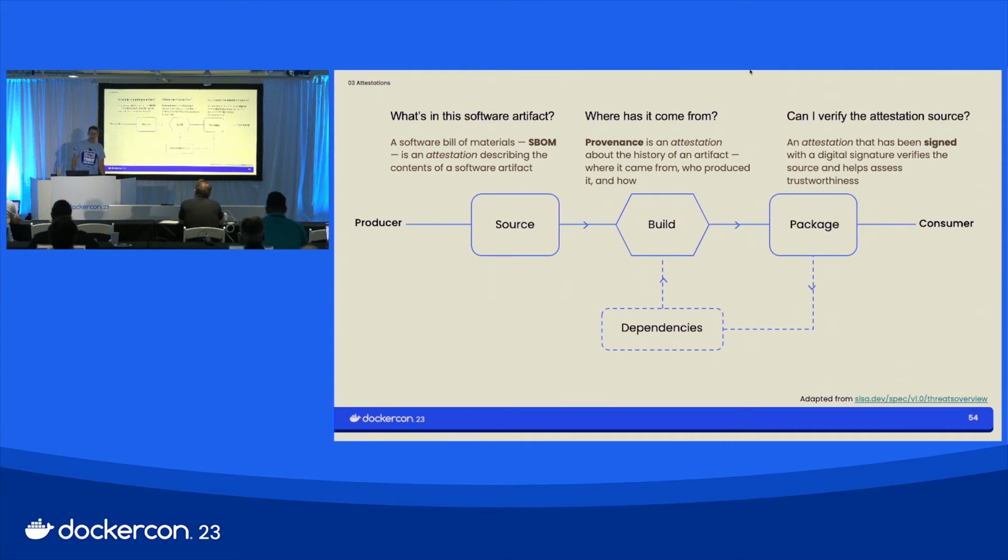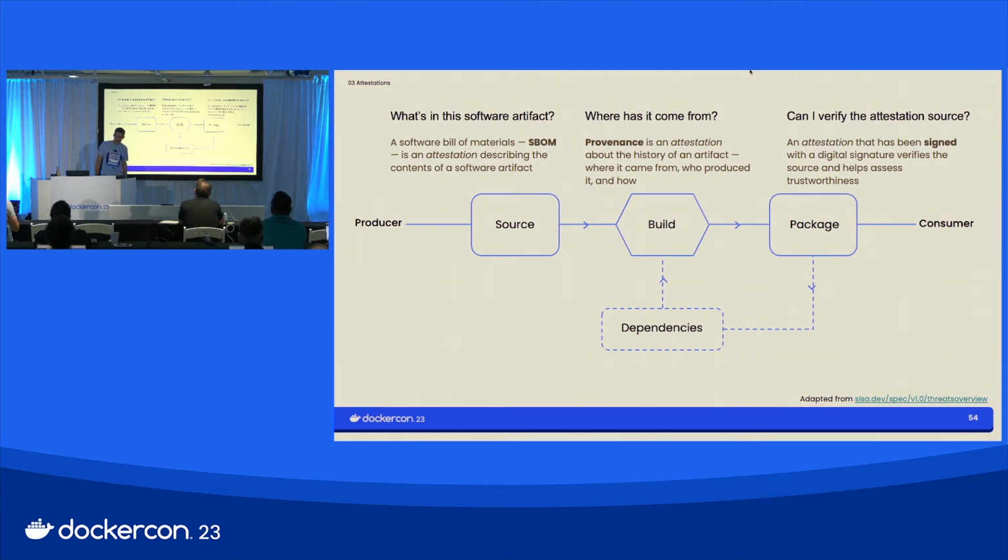There are a few ways that we go about doing this. There are some standards in the industry. First of all, what is in the artifact? What is in this Docker image, this container image? We use what's called a software bill of materials, or SBOM. It's an attestation, an assertion essentially about what's in the image. It's a list of the software artifacts that went into this package.